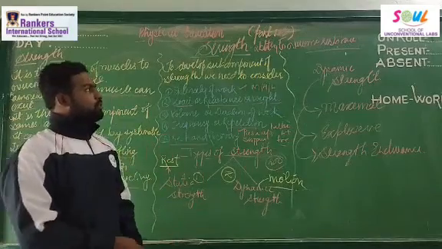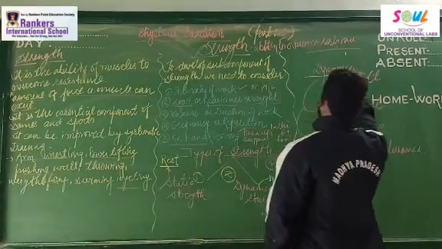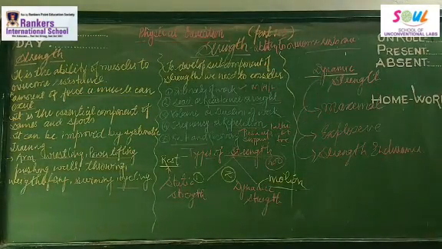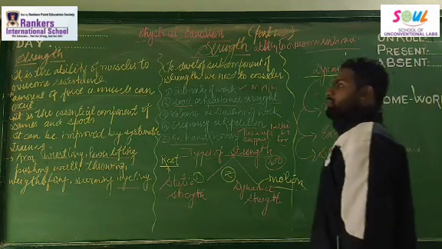Now this dynamic strength is of three types. Okay, so what are the types of this dynamic strength? First is maximal strength, second is strength endurance, third is explosive strength. Got it? So now we are just going to recapitulate what we have started. We started with strength. What is strength?